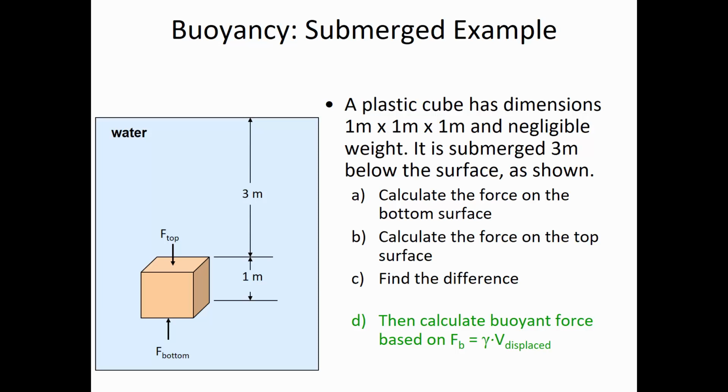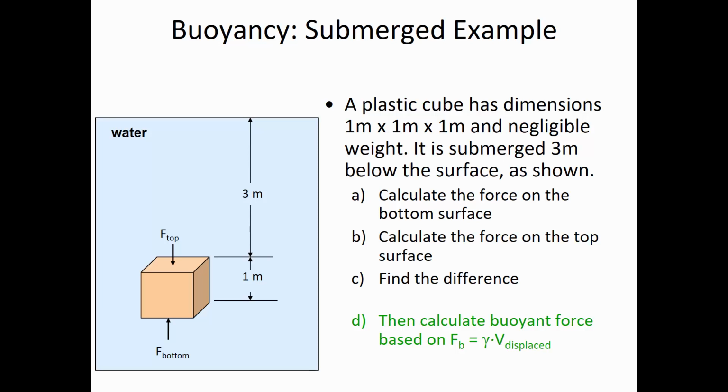So here, for step A, let's calculate the force on the bottom. So this F bottom, the way that we can find that, it's pretty easy since it's a horizontally oriented flat plate. All we need to do is pressure times area. So F bottom is going to be pressure times area.